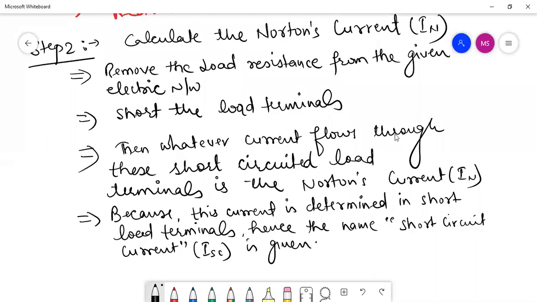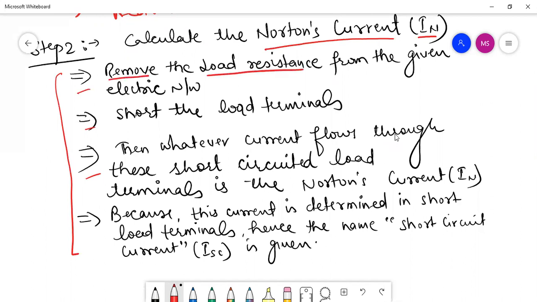The second step in solving a network using Norton's theorem is to calculate the Norton's current. To calculate it, we need to know these points. First, we remove the load resistance from the given complex electric network.